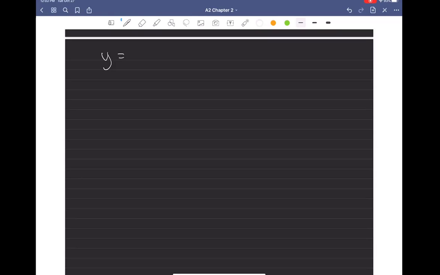So let's write some notes on that. We had y equals x minus 2 times x minus 2, right? Let's write down some of the things that we tried and what it ended up doing.